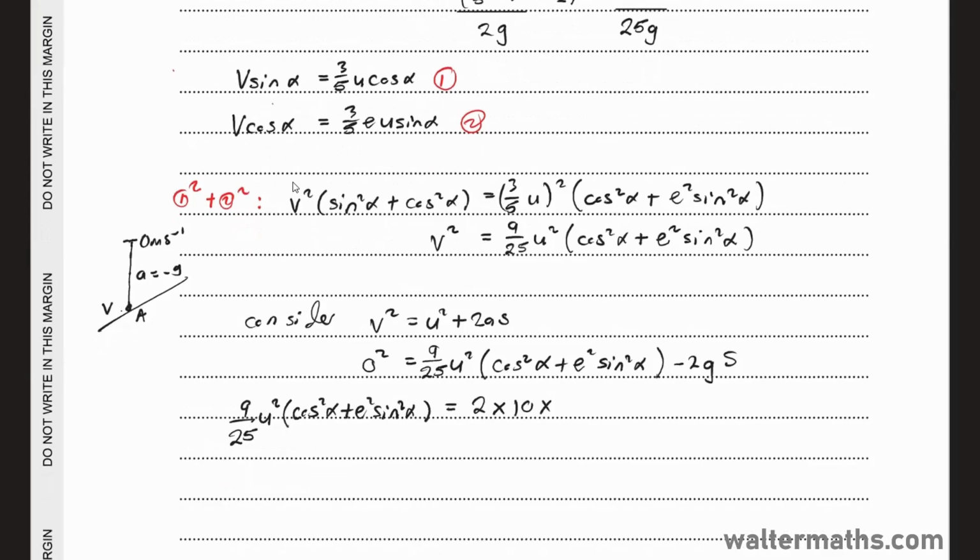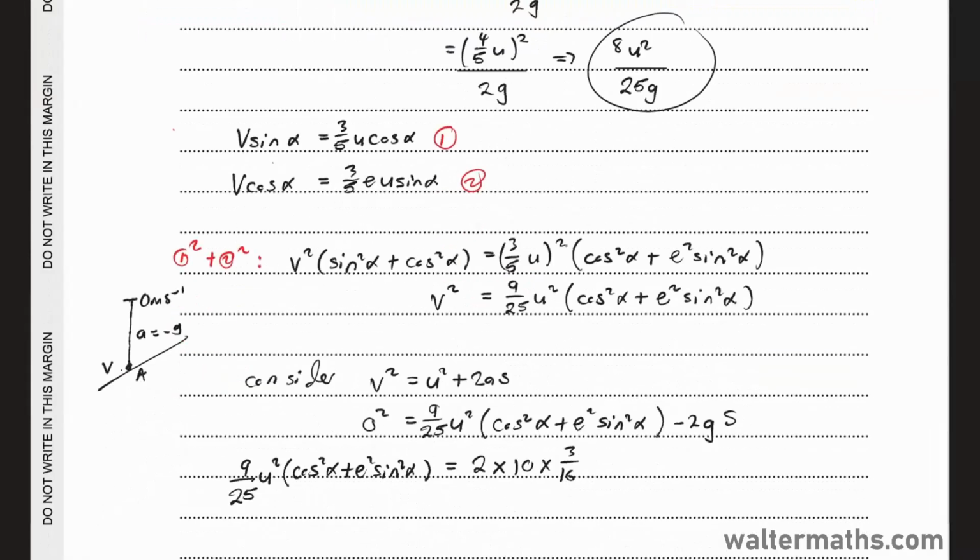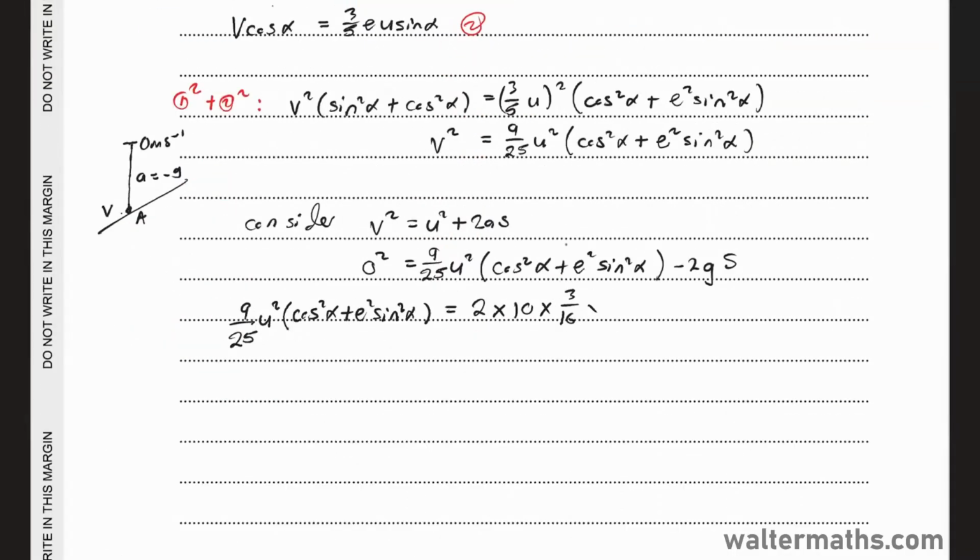So basically, s is 3/16 of the maximum height, which is 8u squared over 25g. So this is the thing that we want to solve and see what it will give us.